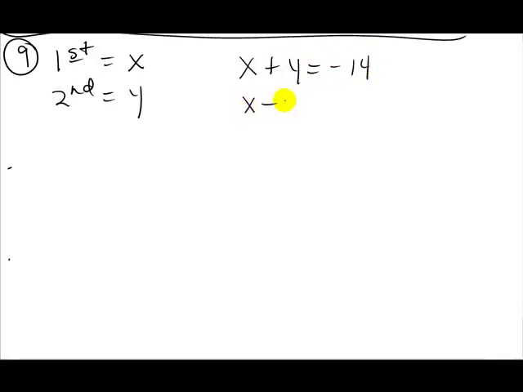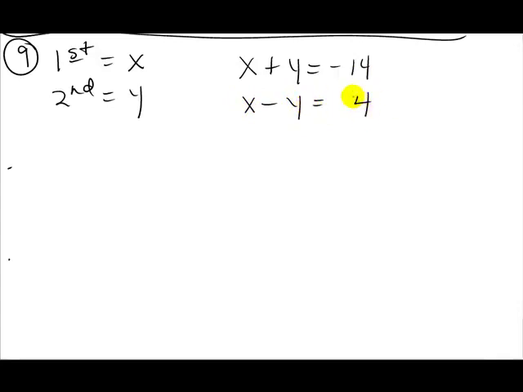When you are translating these types of problems, it's really helpful to say, my first number is going to be X and my second is going to be Y. That way we can make sure we're picking up the right number. Two numbers total. So that means we're adding X plus Y to get -14, and their difference, x minus y, equals 4.